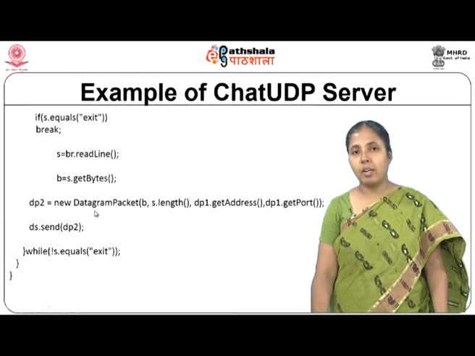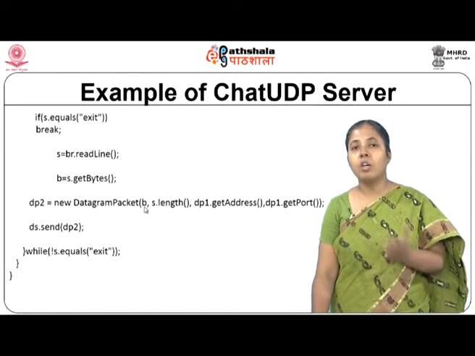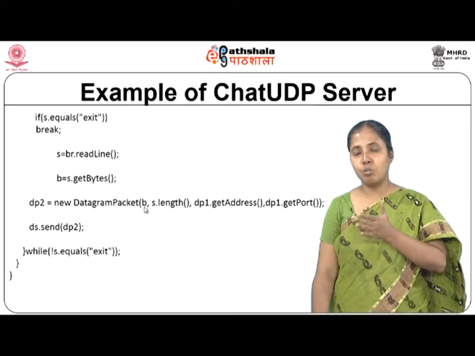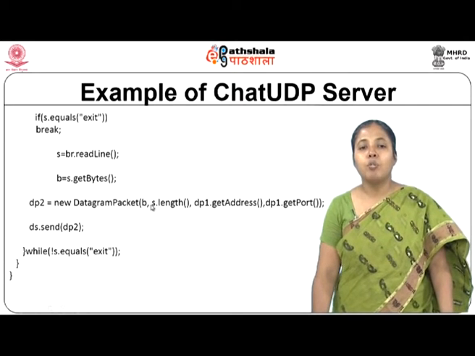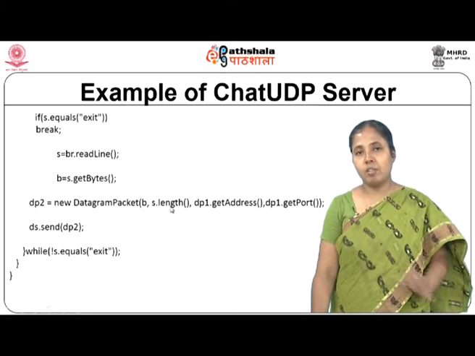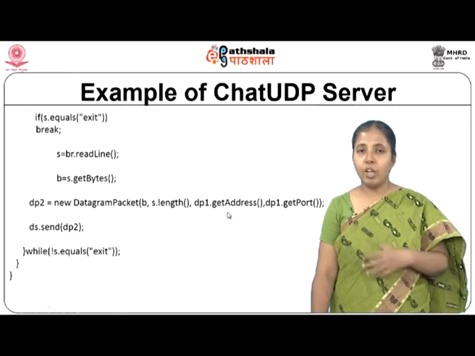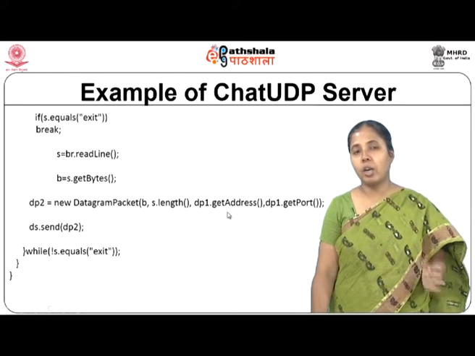Now, construct a datagram packet, using the constructor of the datagram packet. Here you can see that this is to send your datagram packet to the other end. So, you need to give the INET address of the machine with which you want to communicate. We put the byte array B and we say what is the length of the string which we are sending, so either B dot length or S dot length, and then we get the address from where you have already got your datagram packet.